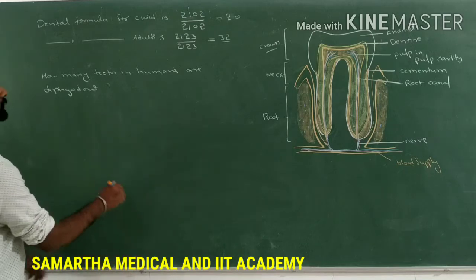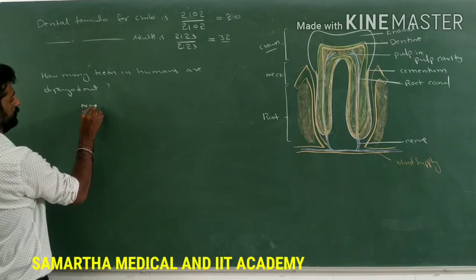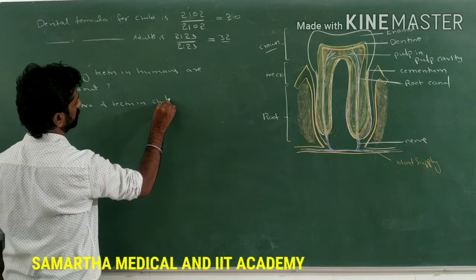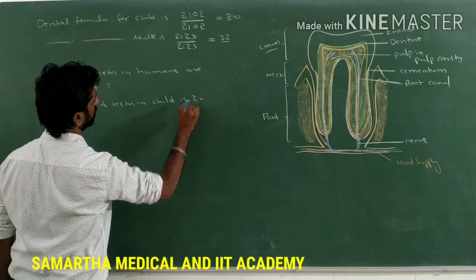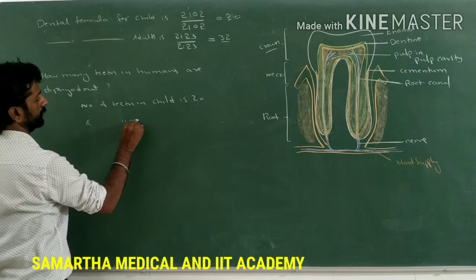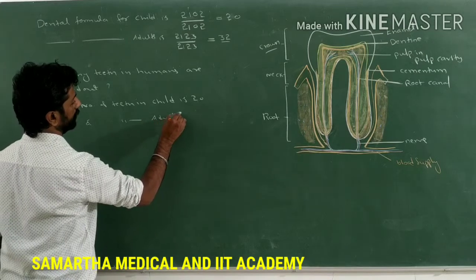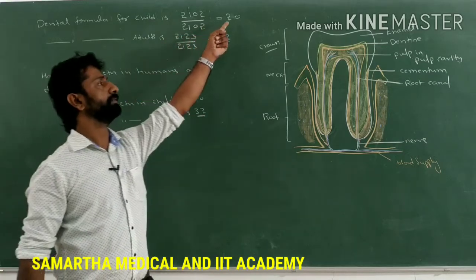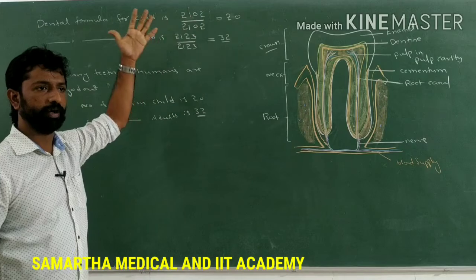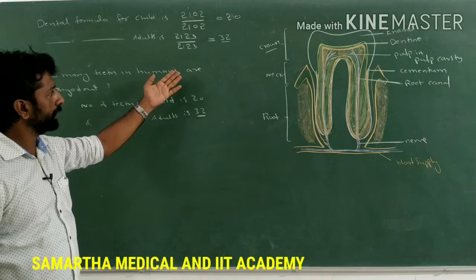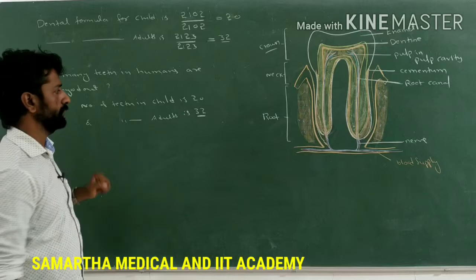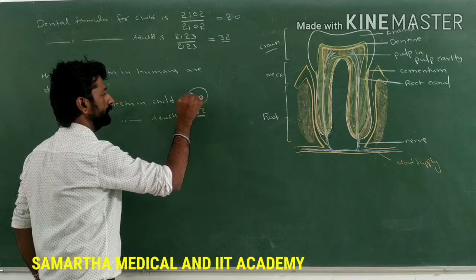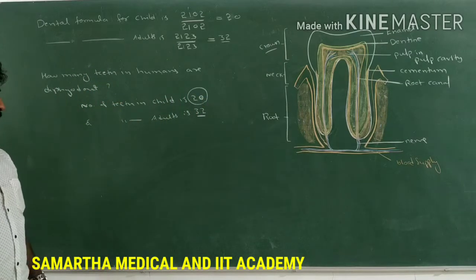So the number of teeth in child is 20, and the number of teeth in adults is 32. This means the teeth which appear in the child fall off after a certain period of age, then again appear as one more set. So the teeth which appear in childhood are the real diphyodont teeth in human beings.